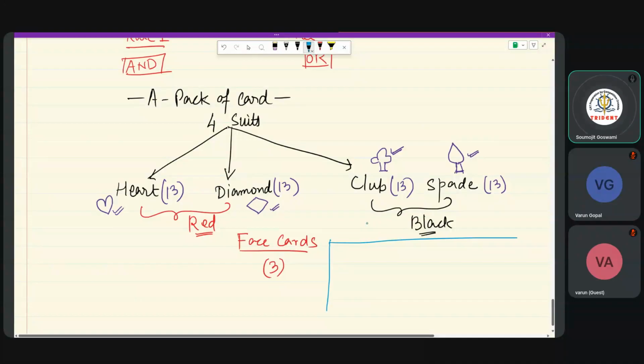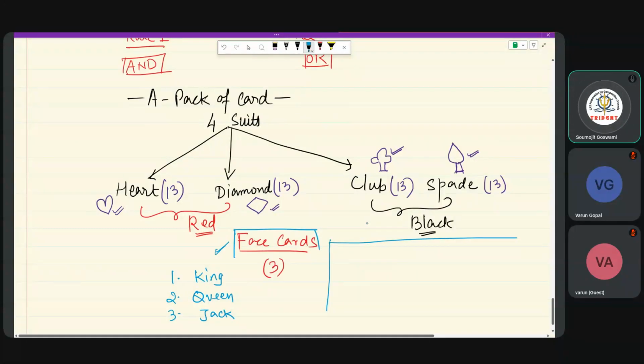We know what the face cards are: king, queen, and jack.